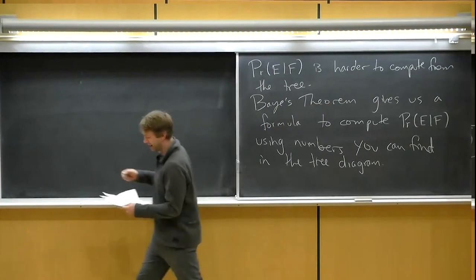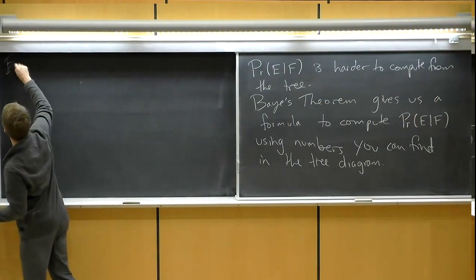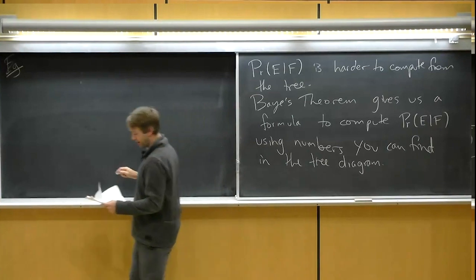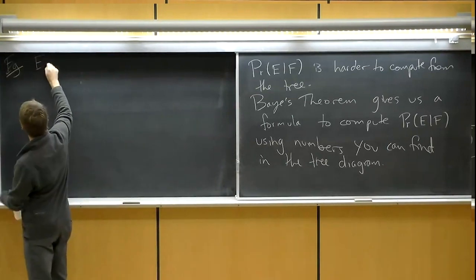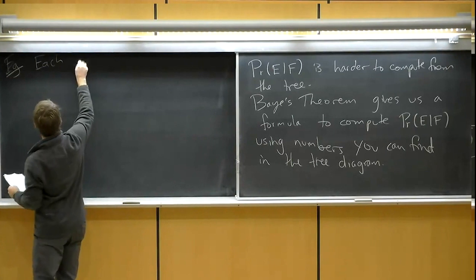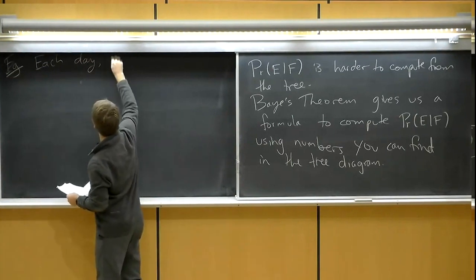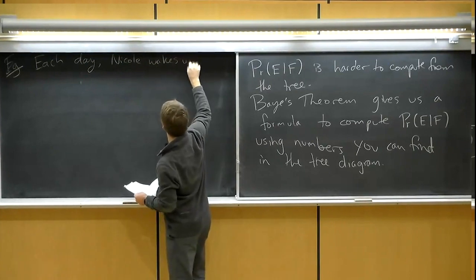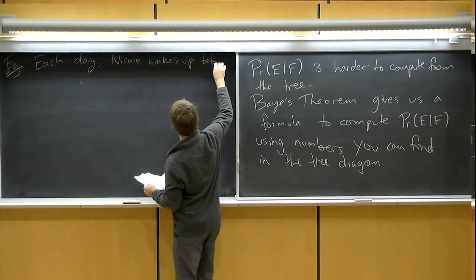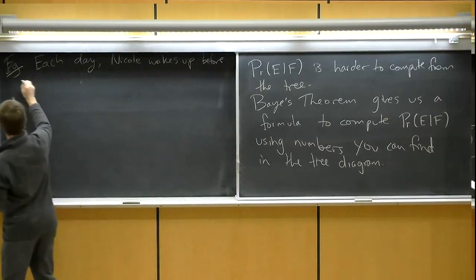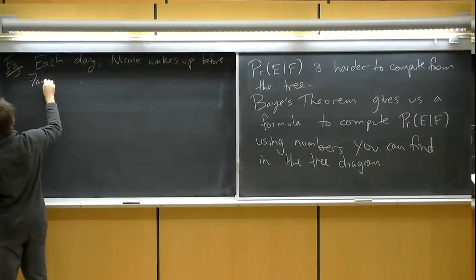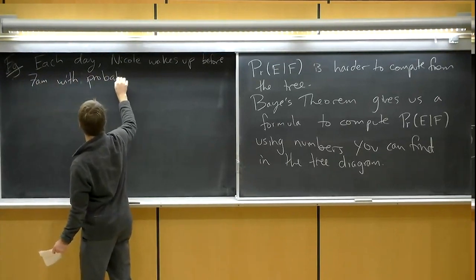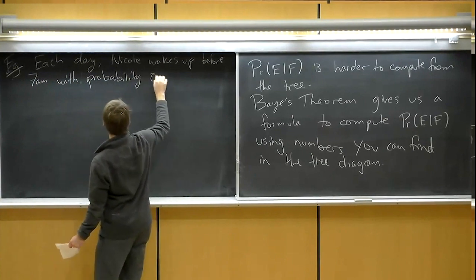Okay, let's do another example. So let's say each day Nicole wakes up before 7 a.m. with probability 0.3.